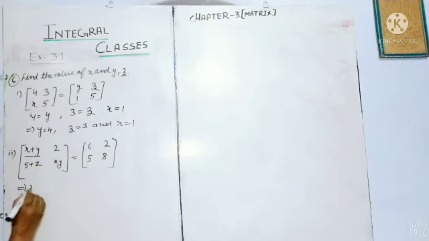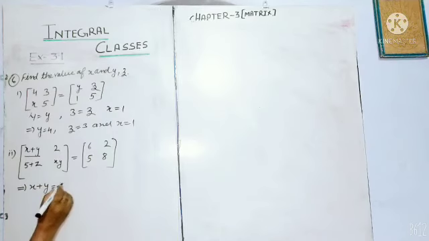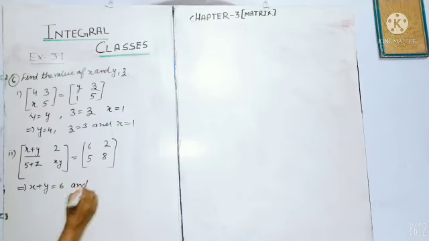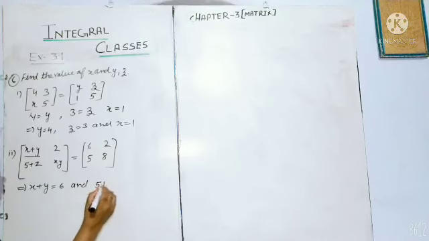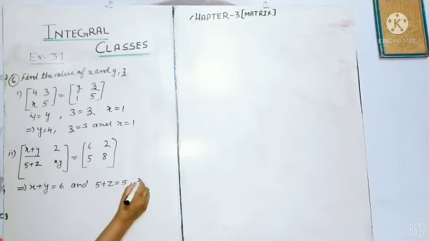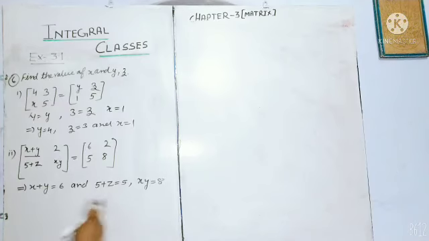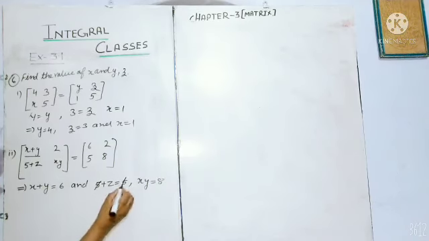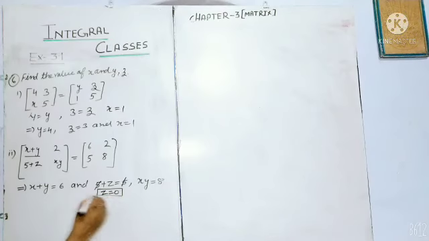Therefore, x plus y equal to 6, 5 plus z equal to 5, and xy equal to 8. Now we will find the values of x, y, z. As we observe here, the first 5 cancels with the other. Therefore, z equal to 0.